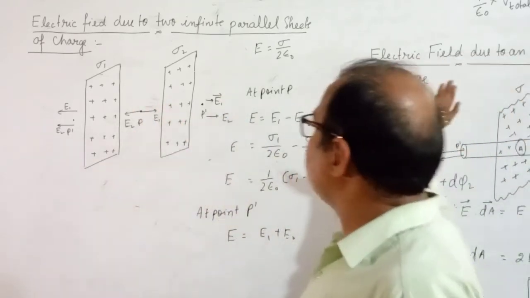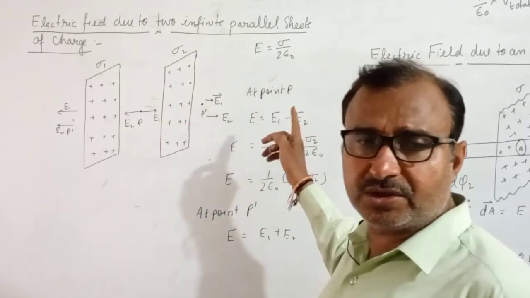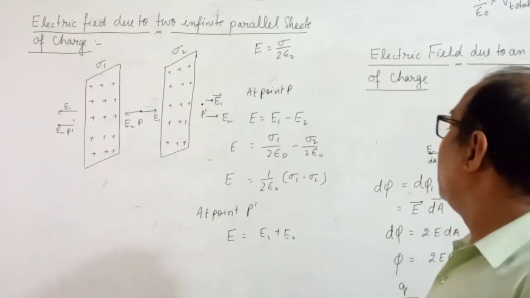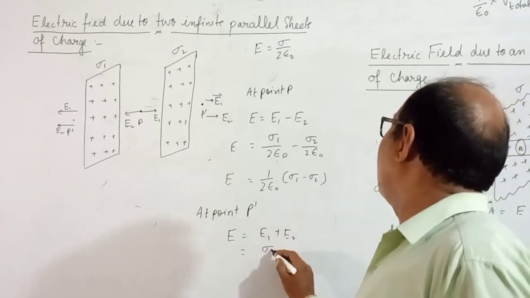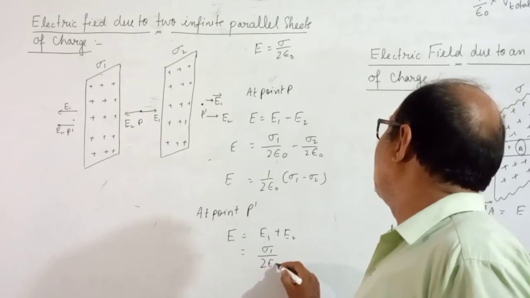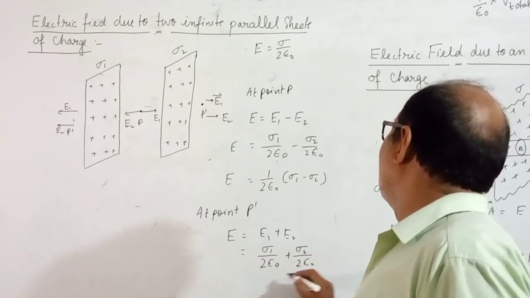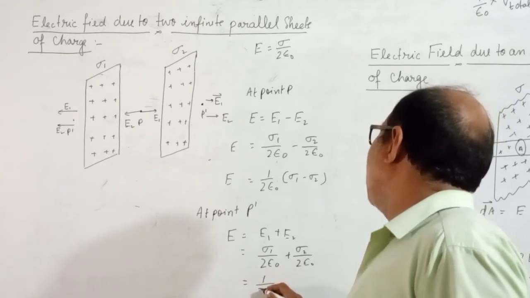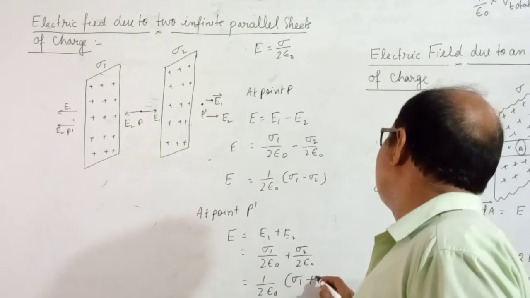This positive charge pushes outward, this positive charge pushes outward, so both are in the same direction. So now both will add, E1 plus E2. So here you will get sigma 1 upon 2 epsilon naught plus sigma 2 upon 2 epsilon naught, that is 1 upon 2 epsilon naught, in bracket sigma 1 plus sigma 2.